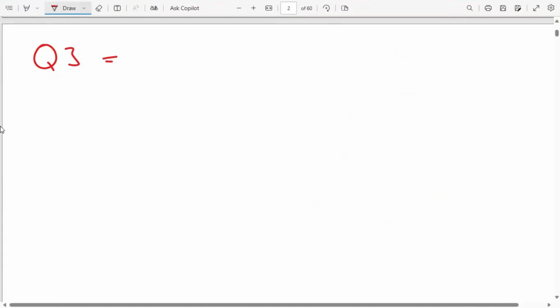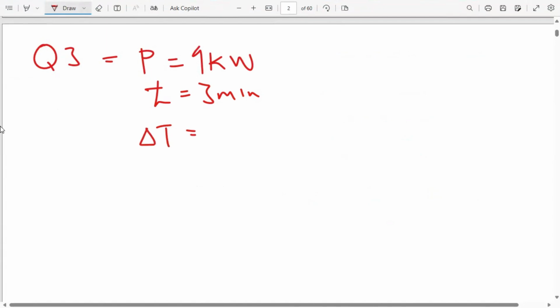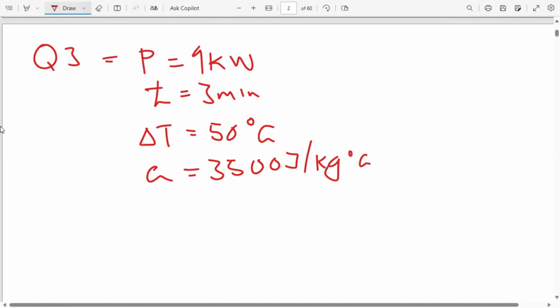For question 3, we've been given power of 1 kilowatt, time of 3 minutes, temperature change, delta T, of 50 degrees Celsius, and the specific heat capacity as 3,500 joules per kg degrees Celsius.